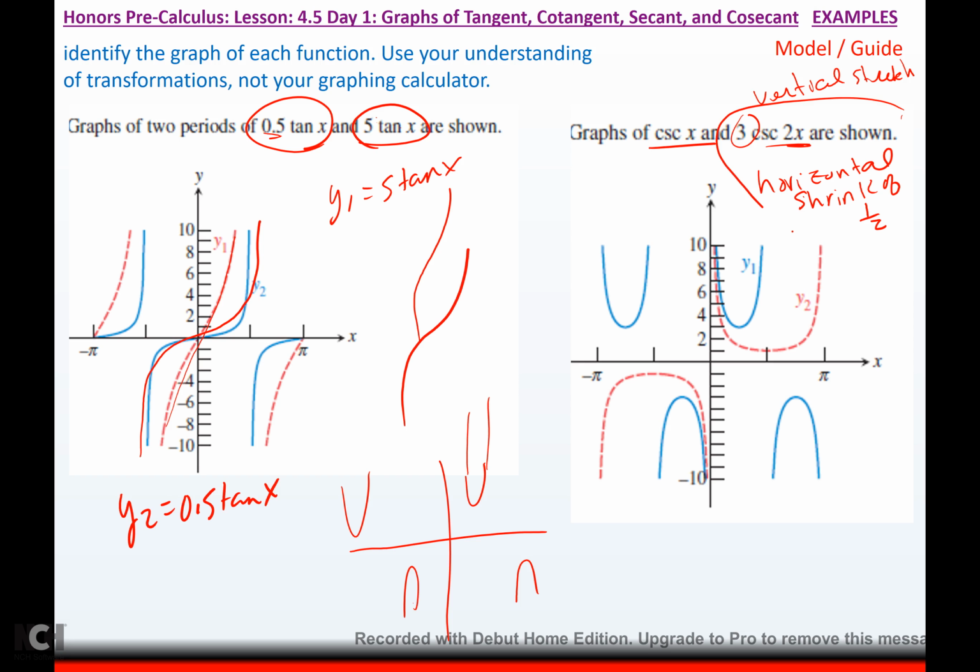So the thinner and stretchier ones have to be this one. So y1 has to be 3 cosecant 2x, and y2 actually has to be cosecant x.